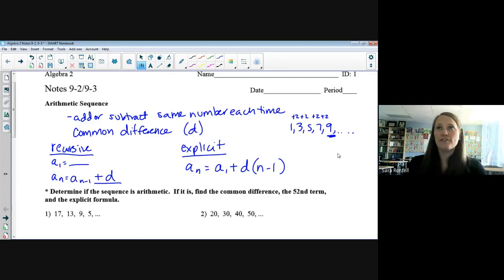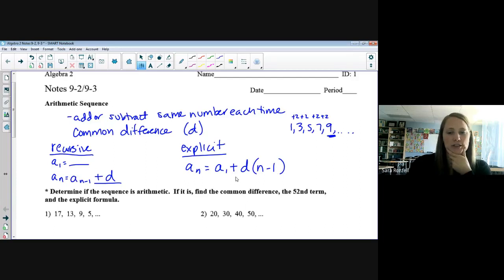So if I wanted the 50th term and I was going by 2s, I would have to add 2 49 times. Because you don't want to add it 50 times, because that would put you at the 51st number because you already have your first term. Does that kind of make sense why we have n minus 1 instead of n? If I added 2 5 times, I would be at the 6th number.